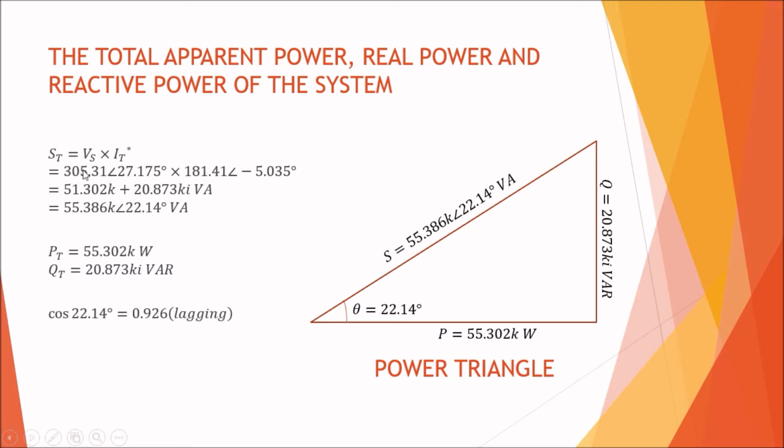So this is the value for voltage supply, then we multiply it with the value of IT, then we get this one. Then we change it to the phasor form, which is 55.386 kilo, angle 22.14.